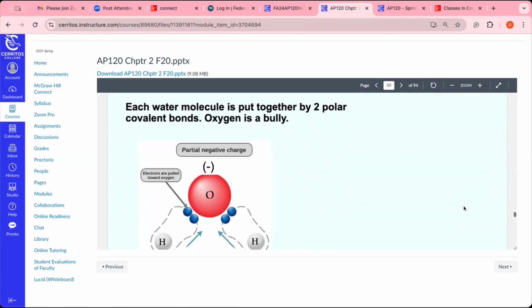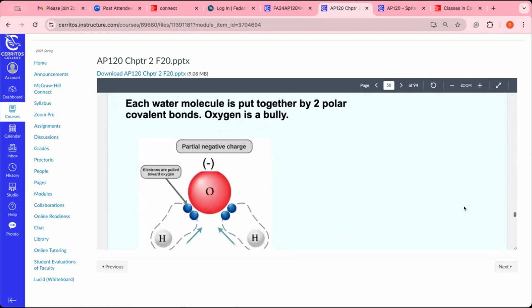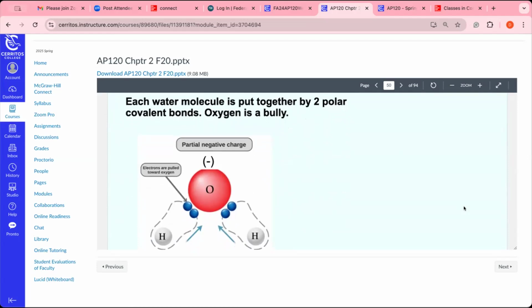Each water molecule is put together by 2 polar covalent bonds. Oxygen is a bully. So here you've got hydrogen with its 1 electron, right? Hydrogen has its 1 electron.